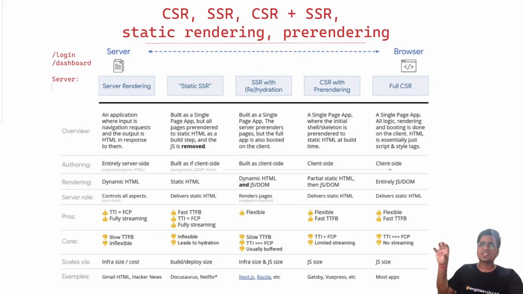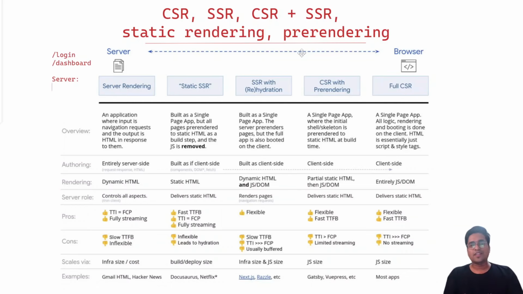It generates the HTML, it generates the relevant JavaScript and everything, and it ships it. So your server has the responsibility to generate and ship for each and every route the user requests. This is server-side rendering. Every route, every request goes to the server, which decides what needs to be rendered and gives you the final HTML.